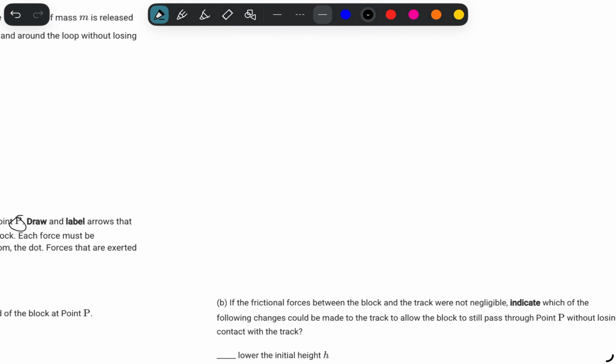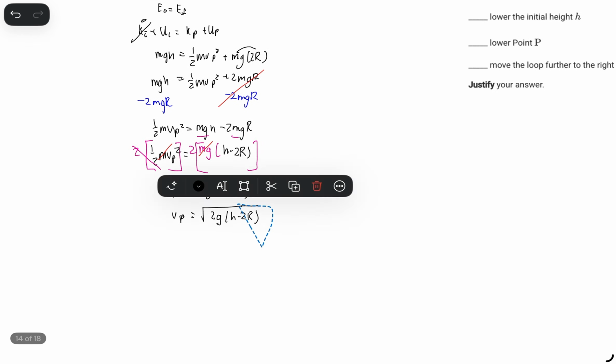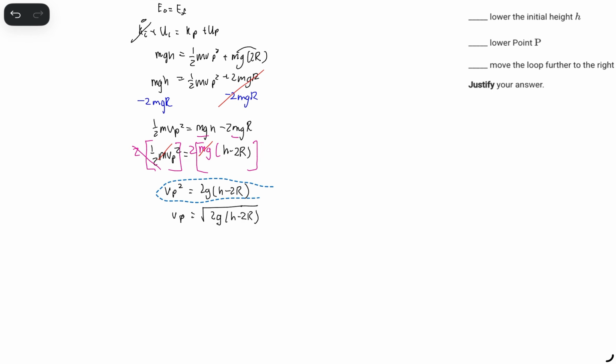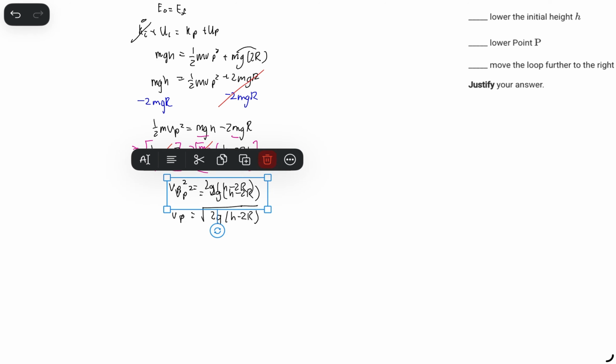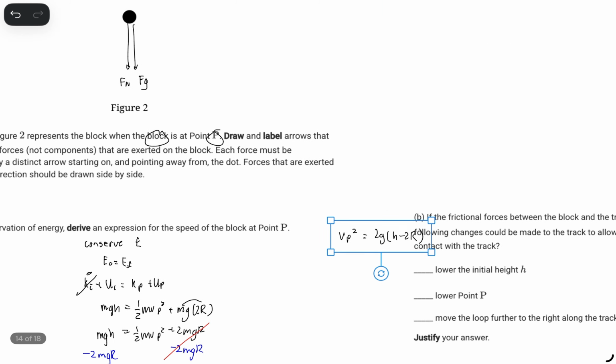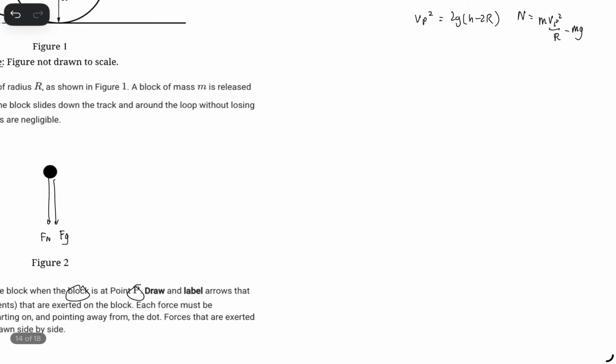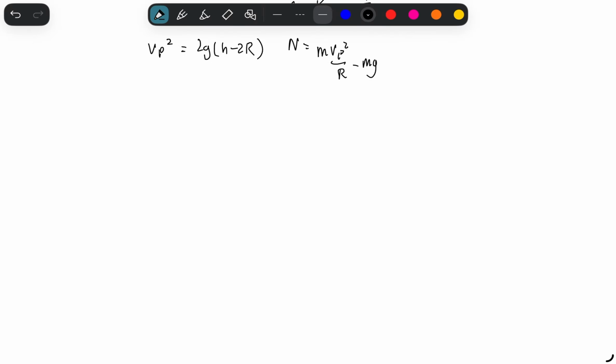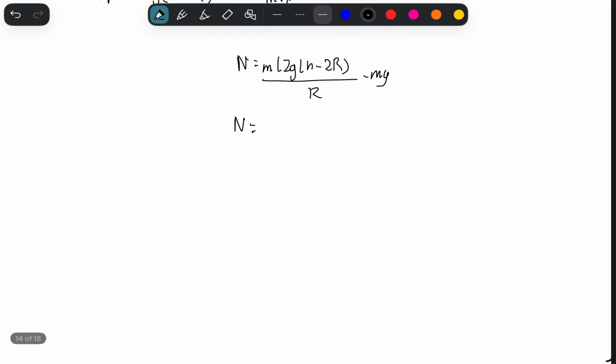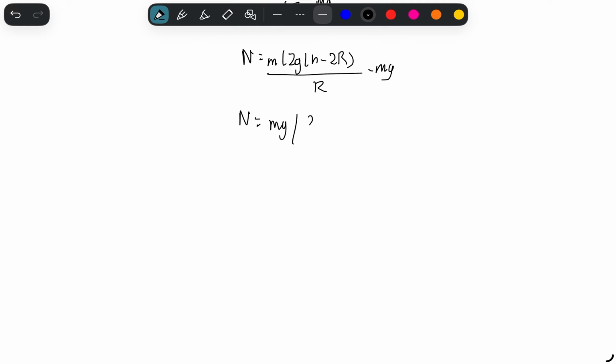We can also substitute in our velocity that we found over here, right? So we have vP squared definition over here. We'll take this and pull this up here as well. Now you're going to have N is equal to m times 2g(h minus 2r) divided by r, minus mg. N is equal to mg times (2(h minus 2r) divided by r minus 1).